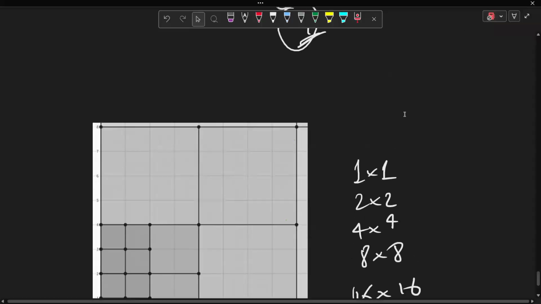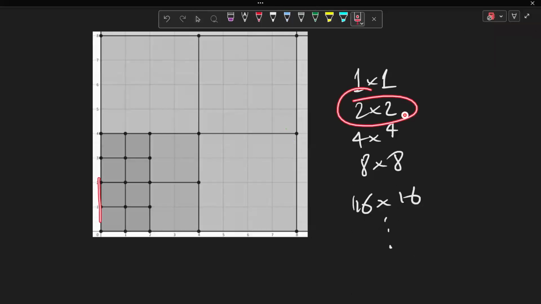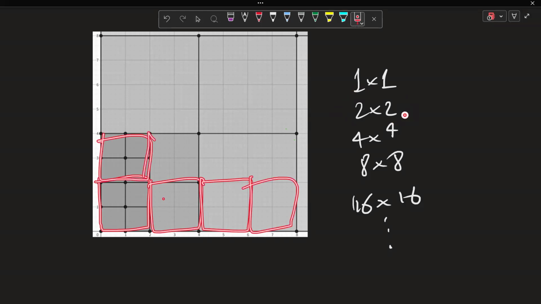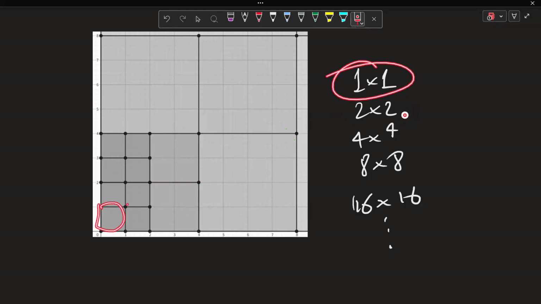Likewise, 2 cross 2 squares: this would be one 2 cross 2 square, another, another, another, and likewise it would extend. So these 2 cross 2 squares would exist like this. Then the 1 cross 1 squares would all exist like this. All these squares that I showed you now are present in this coordinate axis.